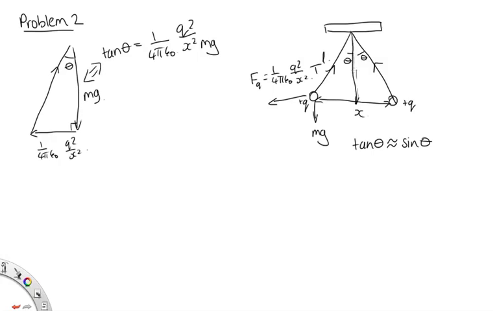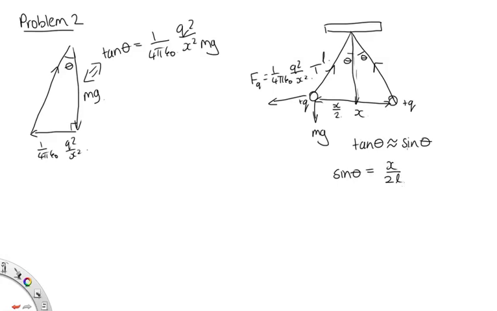Now, if we consider the geometry of these distances, this distance here is x over 2 and this distance is L. So we've got an opposite and we've got the hypotenuse. So this diagram here tells us that sine theta is equal to opposite x over 2 over hypotenuse, which is L. So we've got sine theta is equal to x over 2L.